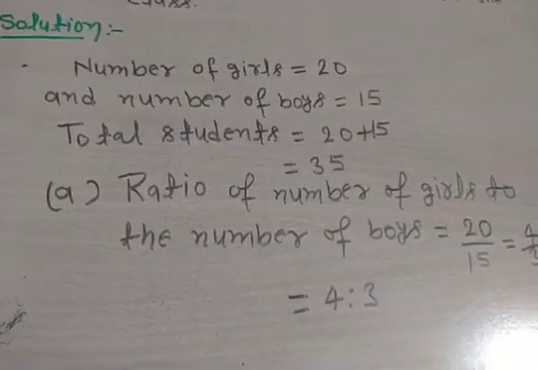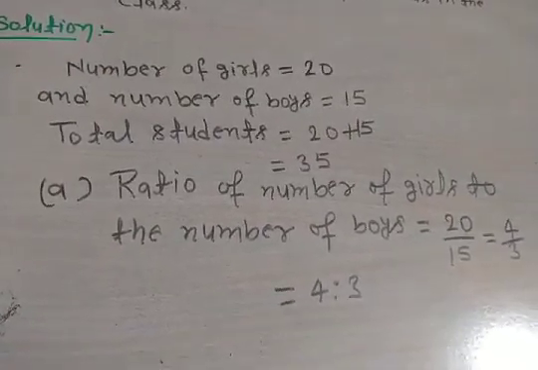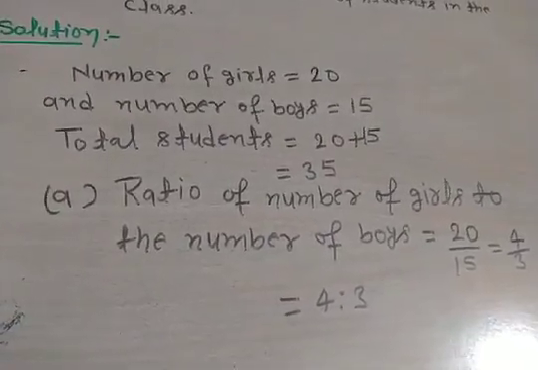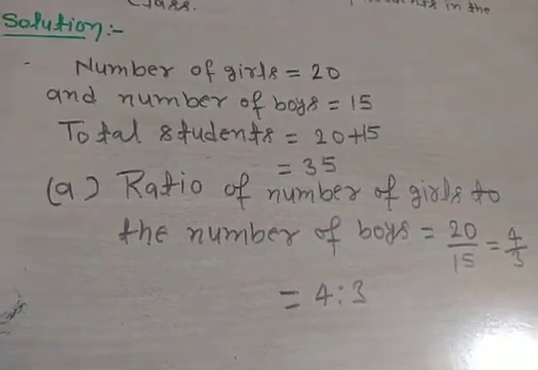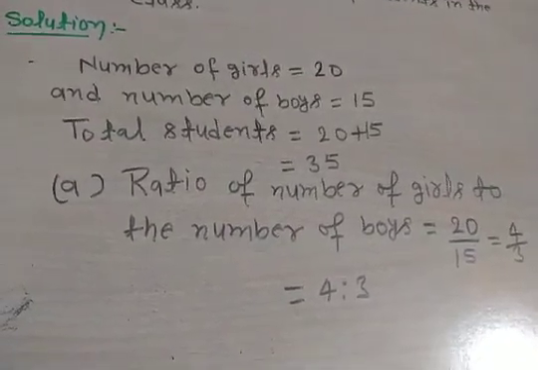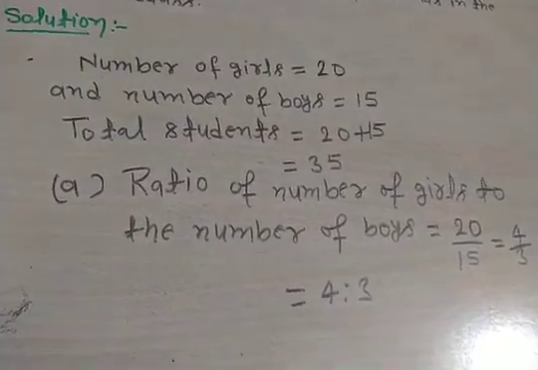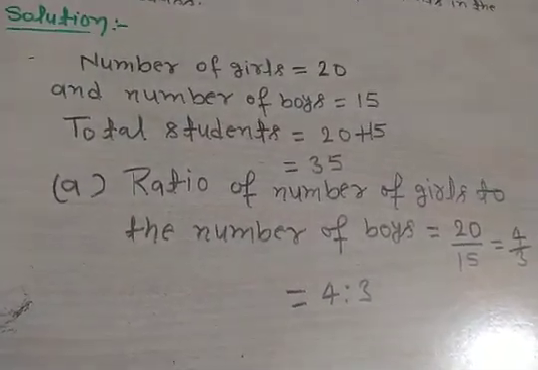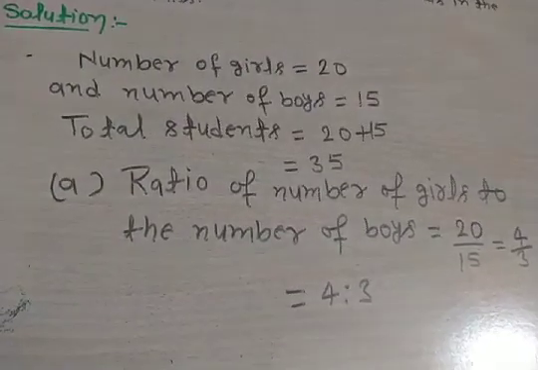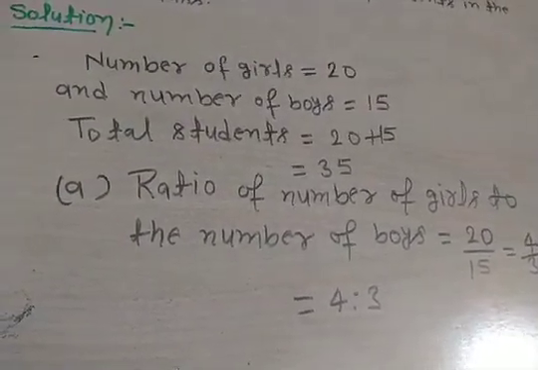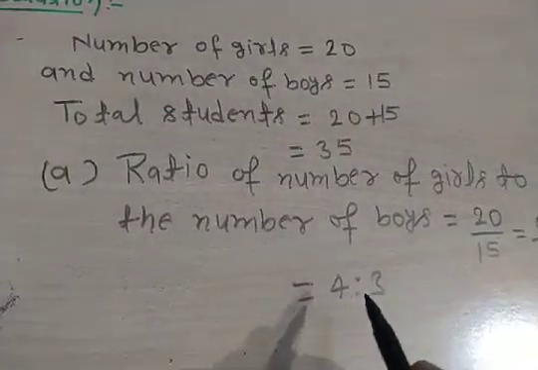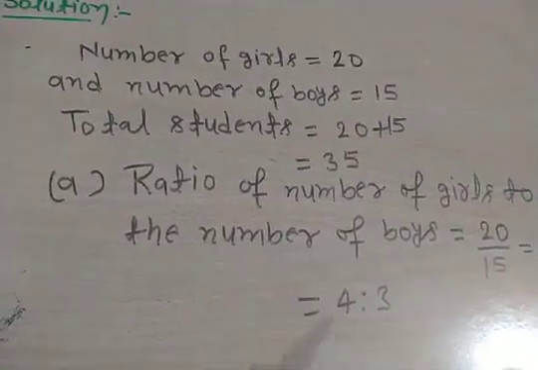Student, ratio is the comparison of two or more things of same kinds. Okay. Ratio is the comparison of two or more quantities of same kind. This is clear? And you use the symbol. This is ratio.